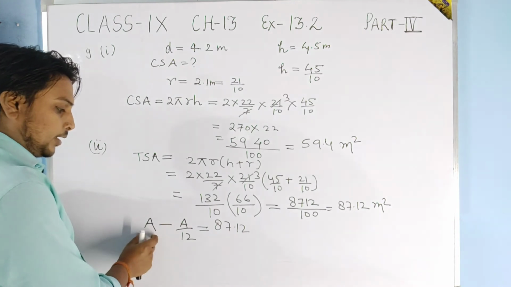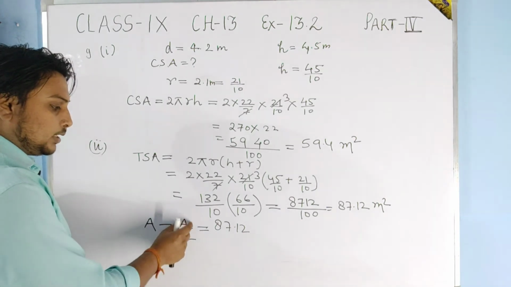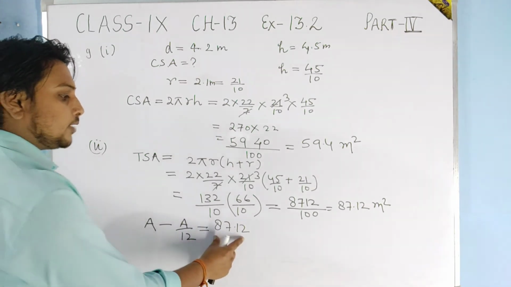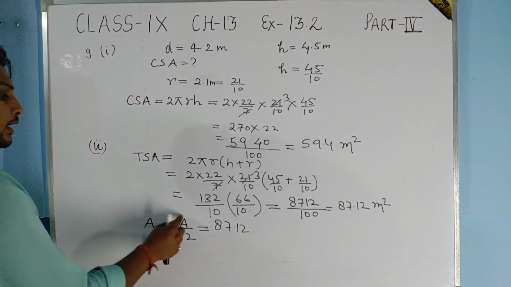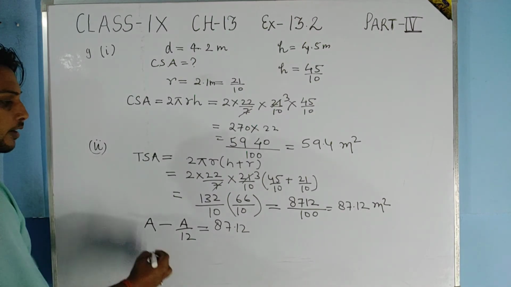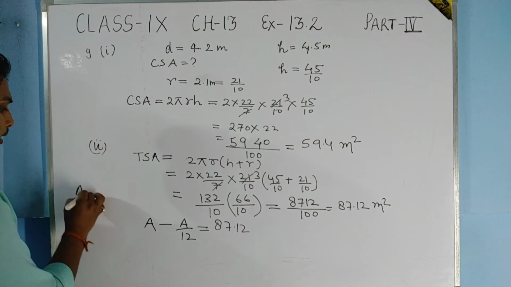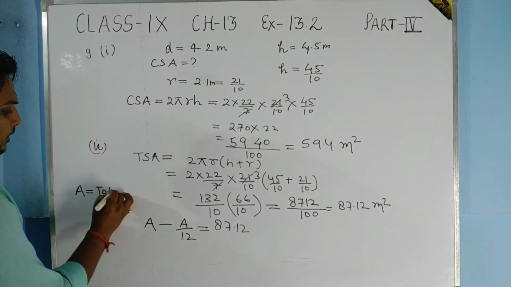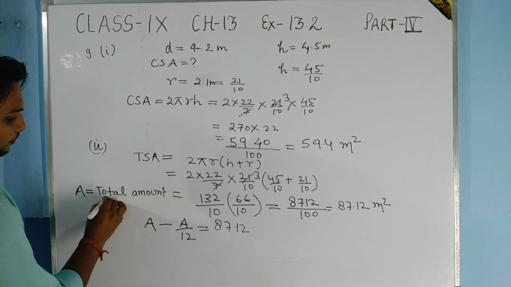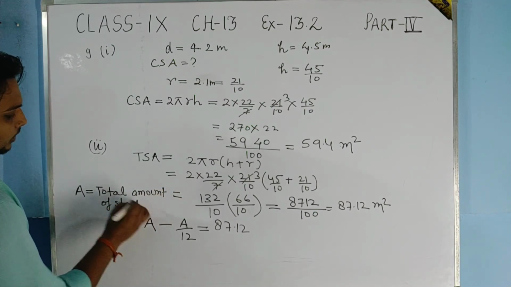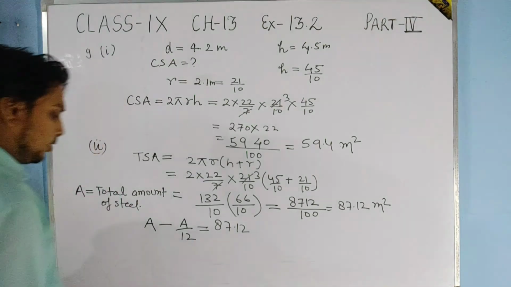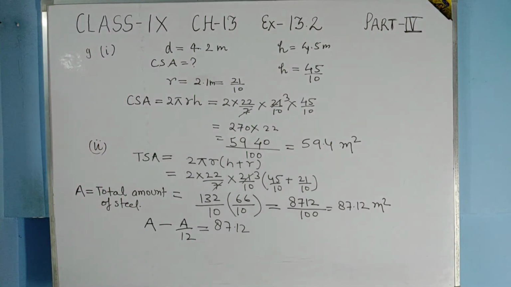That is A. And it is said in the question that A upon 12 is wasted. So this 87.12 is A minus A upon 12. Here we have to find A, the total amount of steel.